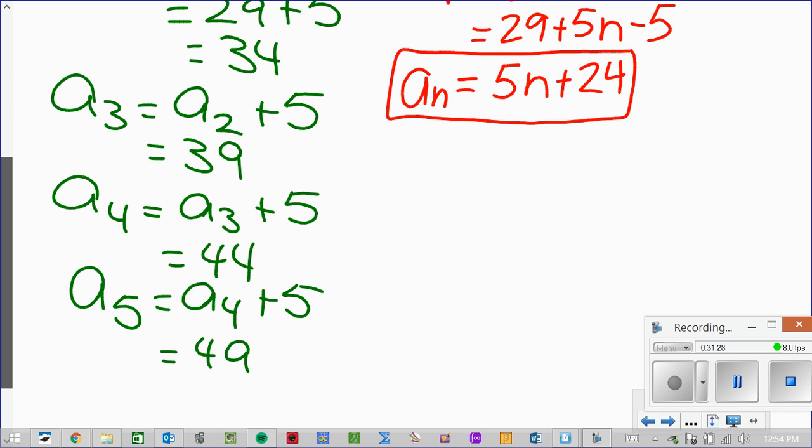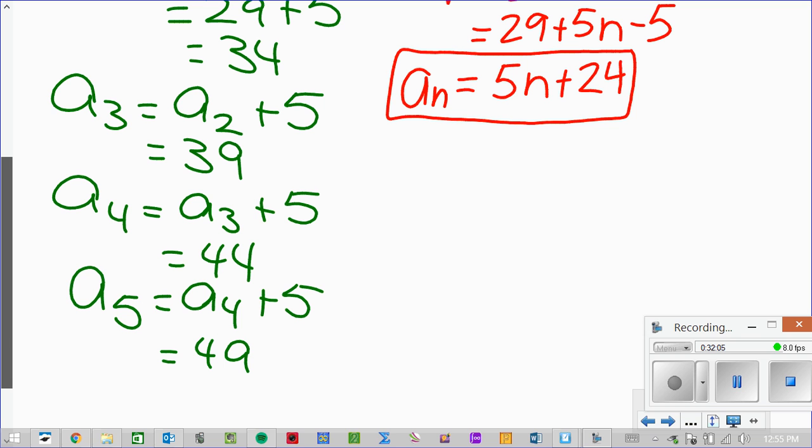It's not 5, it's 7. N, you are looking for the 15th term.